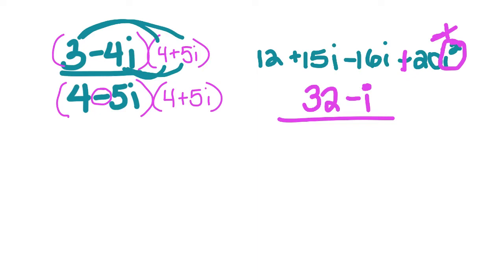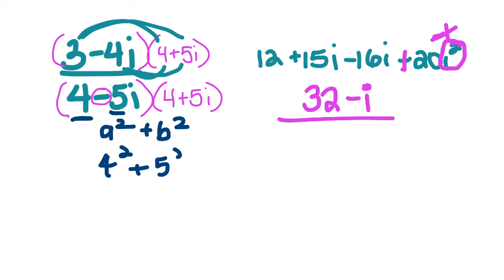And then in the denominator, you have choices. You can either take that and FOIL it out and do that work, first, outer, inner, last, or you can use the shortcut, which is a squared plus b squared. The a being the real part of your complex number, which is the 4, and the b being what's in front of the i. So it doesn't matter if it's positive or negative because we're squaring. So we say 5 squared.